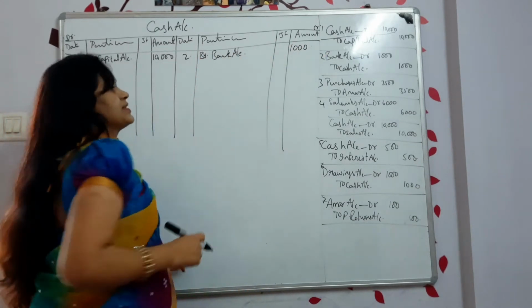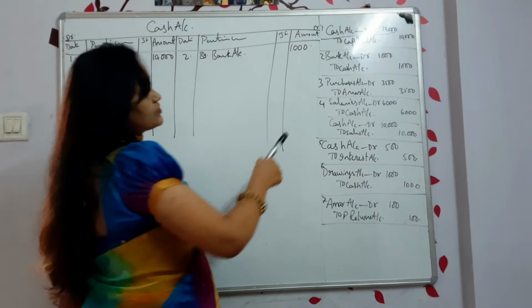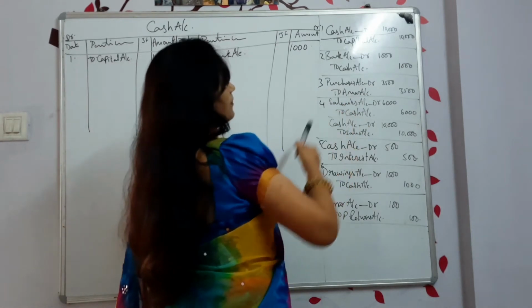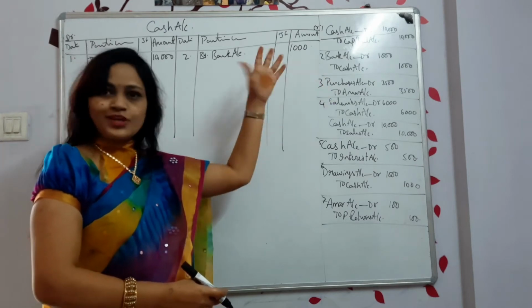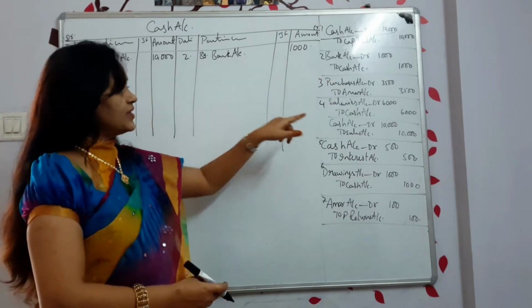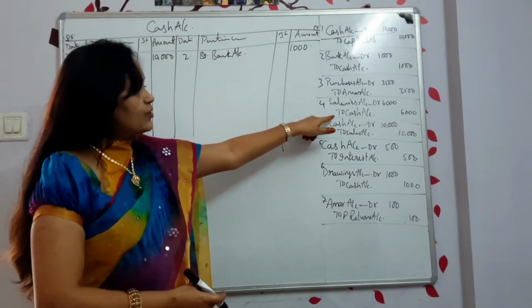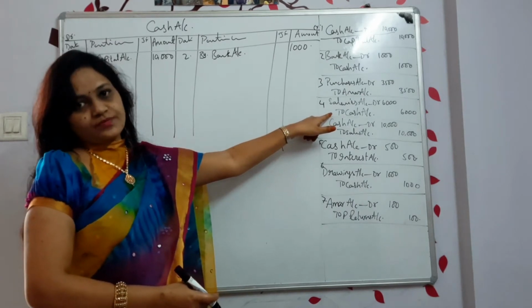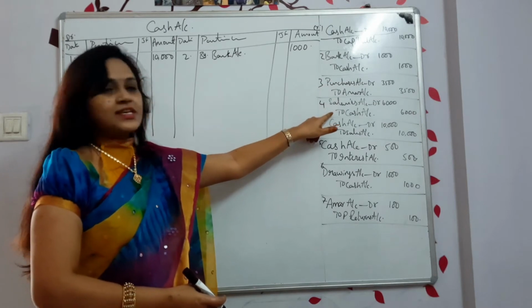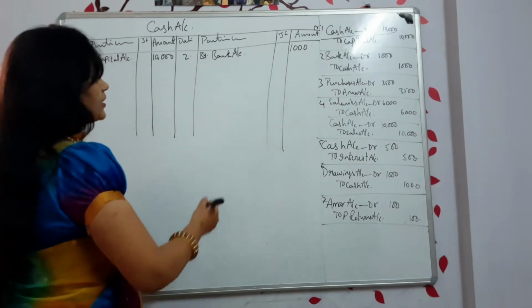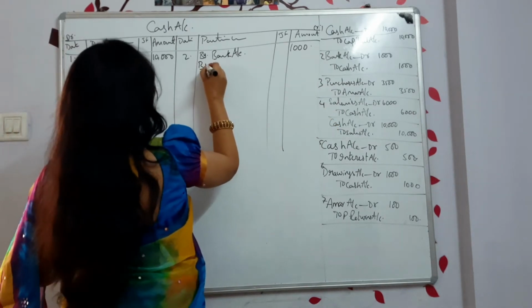This is second. Next, third entry, you see, this is purchase account debit to Amar account. In this, are you able to find the word cash? There is no cash here, so you need not take that one, leave it. Next, salaries account debit to cash account. Now, cash is on the credit side. So on the credit side we write By.